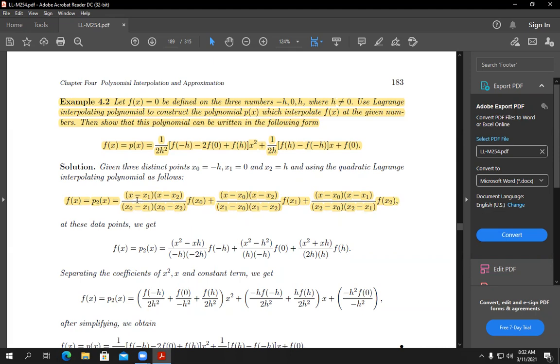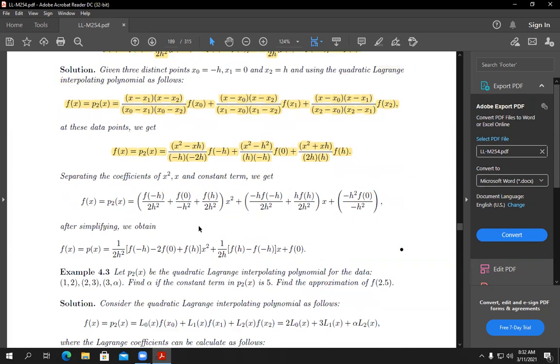You don't know the value of x, so we don't care. And then when we simplify, you have this one. And now you can separate the x squared term, separate the x term, and separate the constant term, the one without x. And then inshallah you will get this value, and this is the answer you will get.